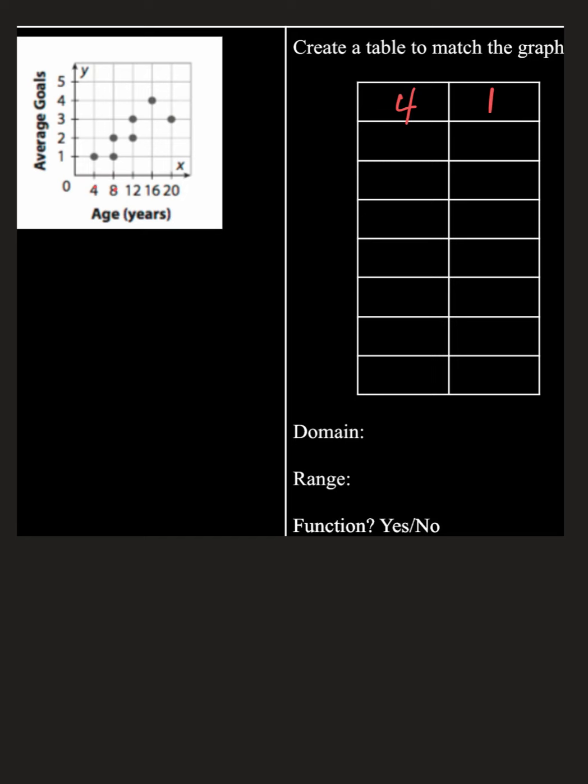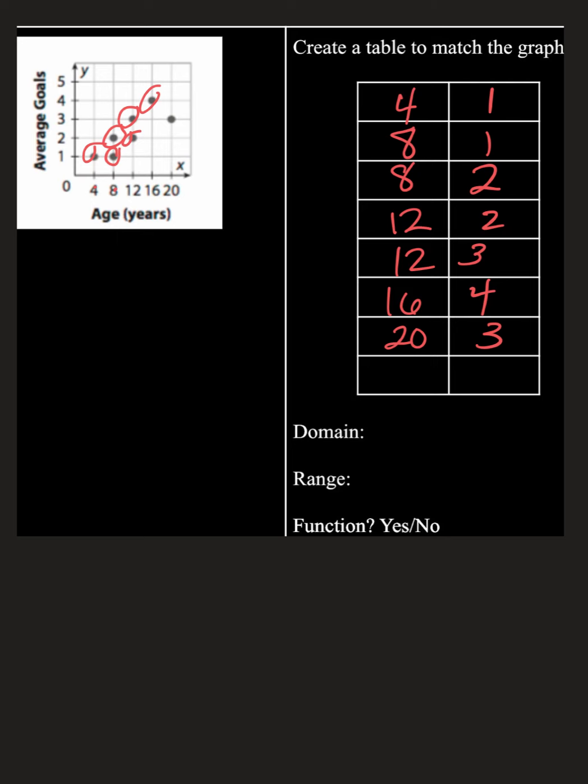And then I have 8 and 1, and 8 and 2. Then I have 12 and 2, and 12 and 3. And then I have 16 and 4. And I have 20 and 3.